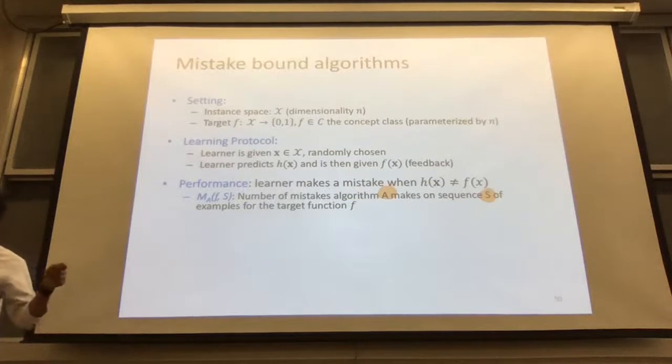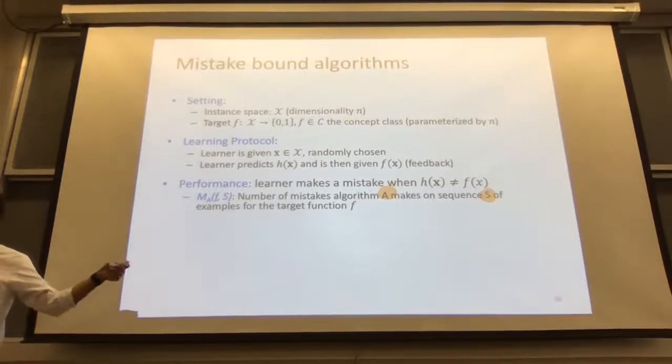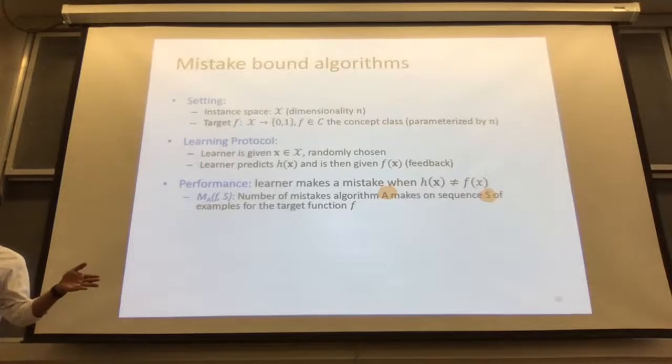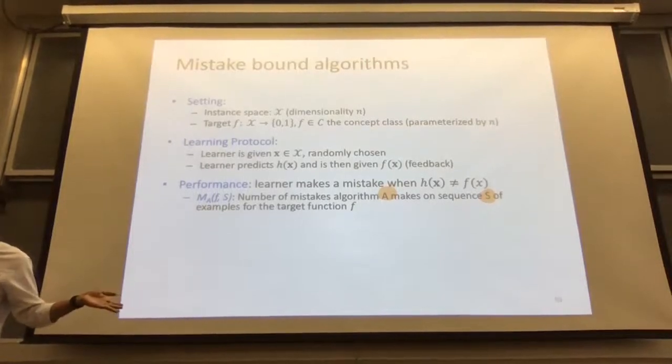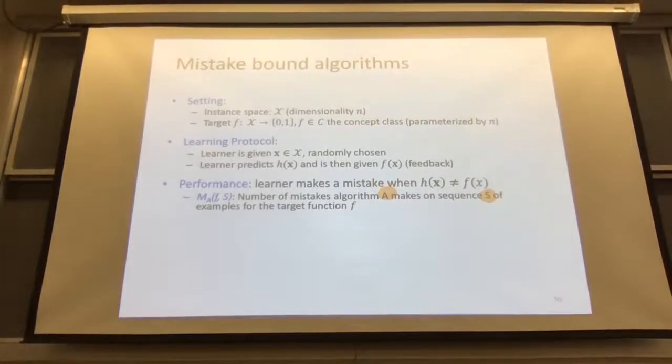For this sequence of examples, this particular algorithm may make a mistake here and not make a mistake there, and so on. We can count how many mistakes are being made on this sequence, right? This is something that we can actually count if you knew the algorithm and the sequence. Let's call that A of f and s. So it's a property of the algorithm, the true function, and the sequence of examples. So far, so good.